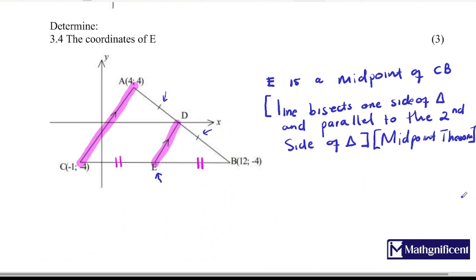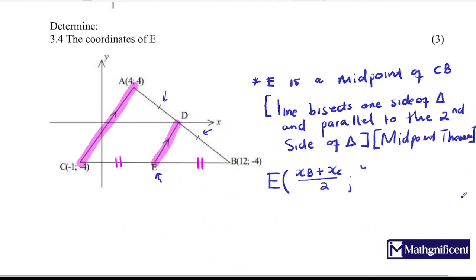And then now we can continue from this. We know that E is the midpoint of CB, meaning that we can use this formula. So we can say E here, and then (X B plus X C) divided by 2, then (Y B plus Y C) divided by 2.